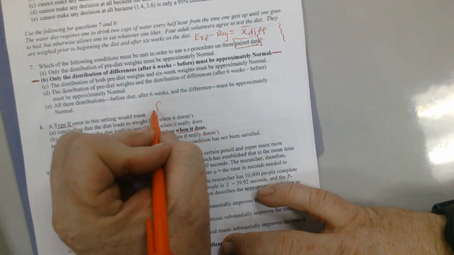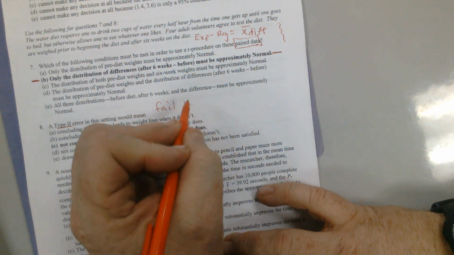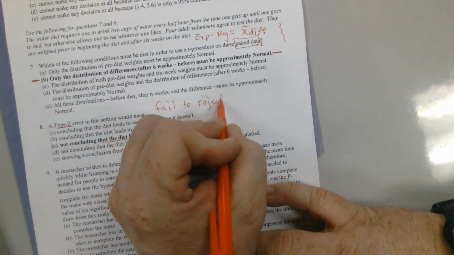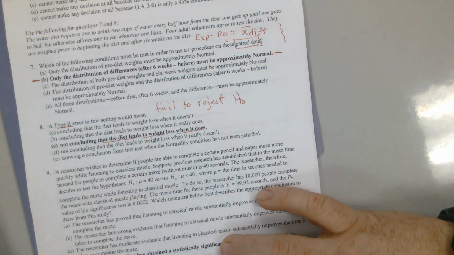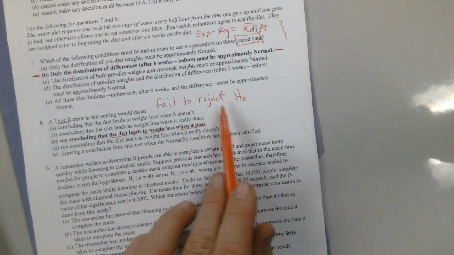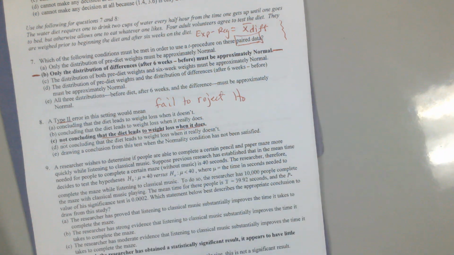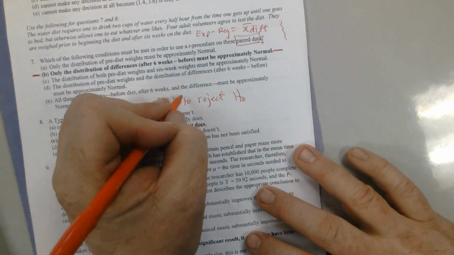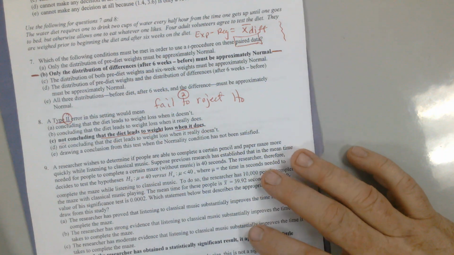Type 2 means fail to reject H0. So not concluding weight loss when there was. So if we fail to reject and there was, that's kind of the issue with that one. Remember the number 2 and the number 2.